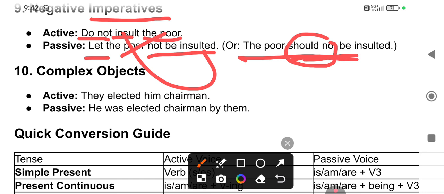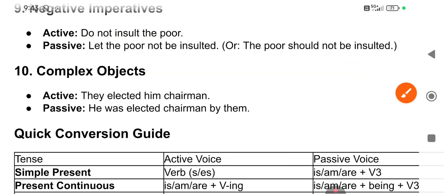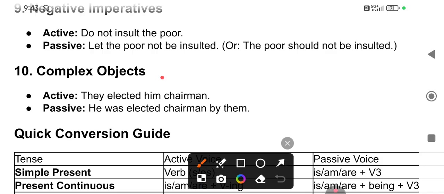The poor should not be insulted. Be, insulted, third form of main verb. This is the passive voice. Both are passive voice of this.